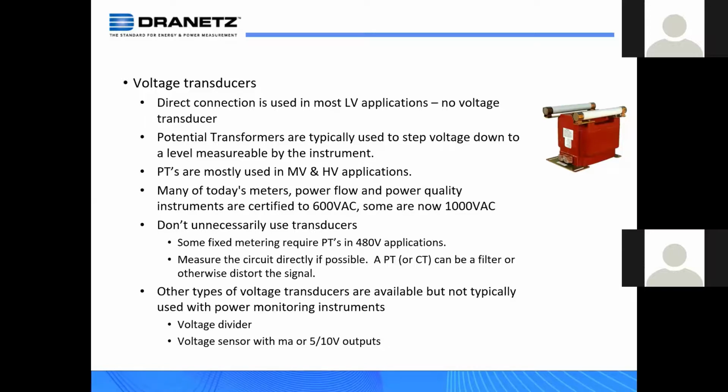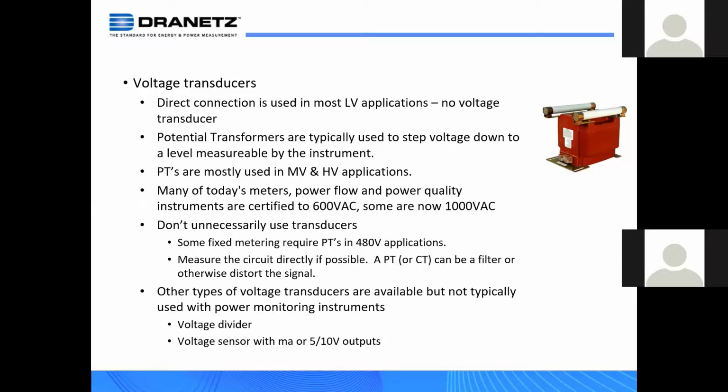That's much more appropriate. However, if you need PTs and CTs, just note that the PTs may be band limited for your application. So many applications are using that, down to a 480 volt application, and many of the fixed metering applications would require the use of a PT. So the most common type is a PT, which is a voltage divider or a transformer divider. So there's a primary ratio, a secondary ratio.